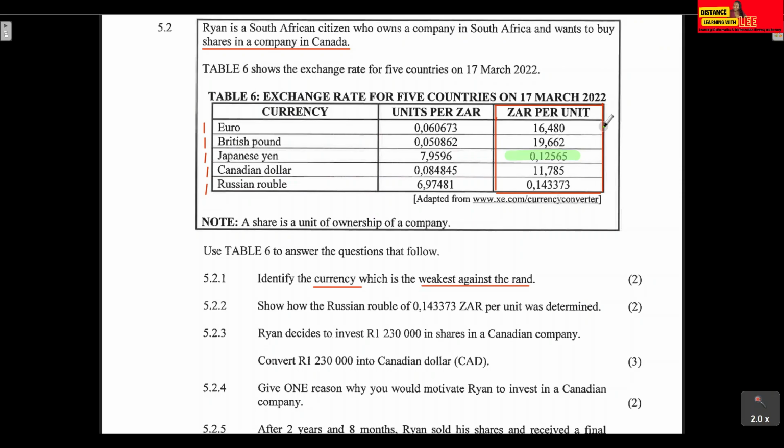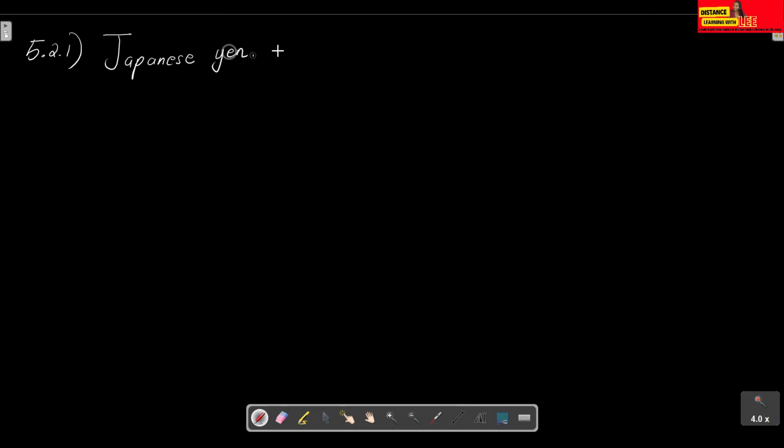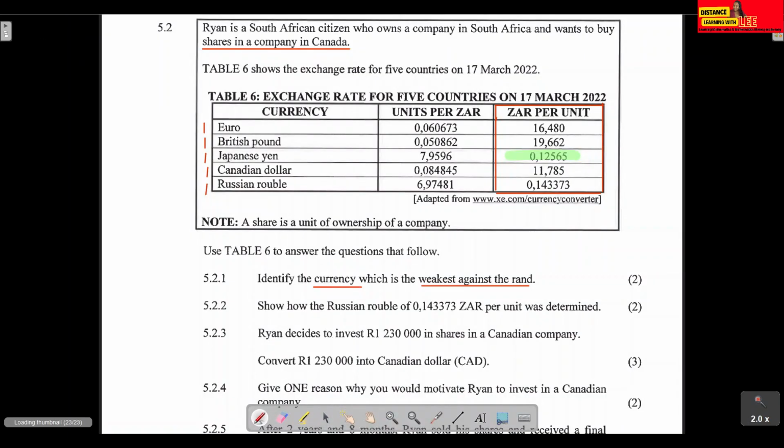But to get 1 Japanese yen, you just need 0.12. So the Japanese yen is the weakest against the rand. Let's write that down: I mentioned that it's the Japanese yen because you need fewer rands to get just one Japanese yen. Let's look at the next question.